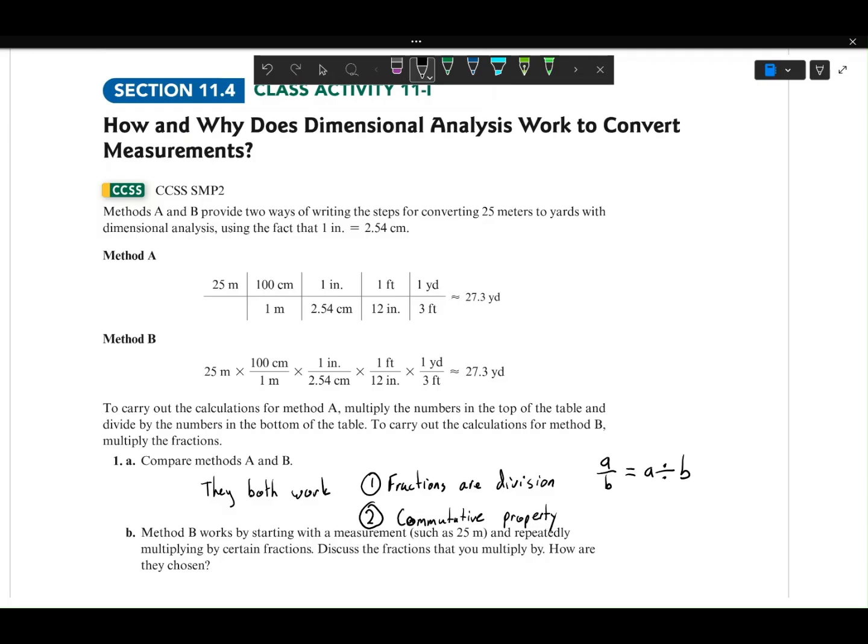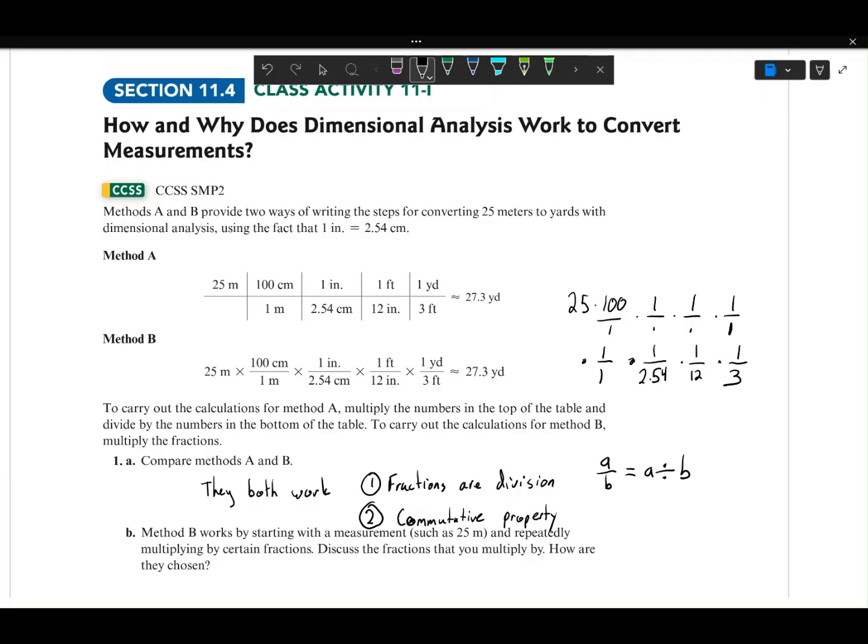I can think of these fractions as being moved around to be 25 times 100 over 1 times 1 over 1 times 1 over 1 times 1 over 1, and then times 1 over 1 to get the denominator from the first conversion factor, times 1 over 2.54 times 1 over 12 times 1 over 3.